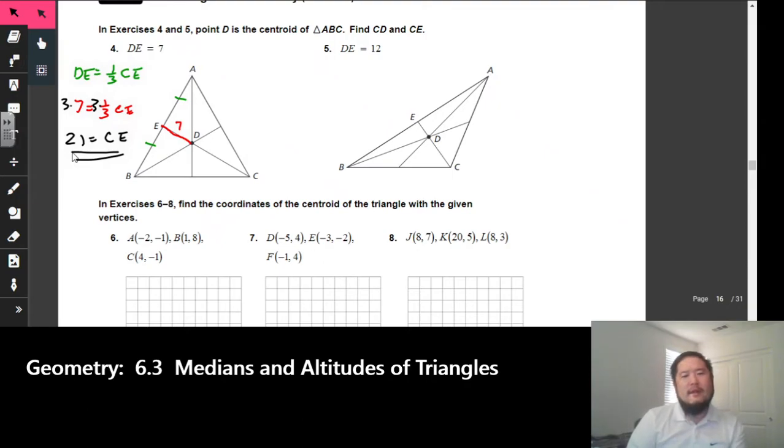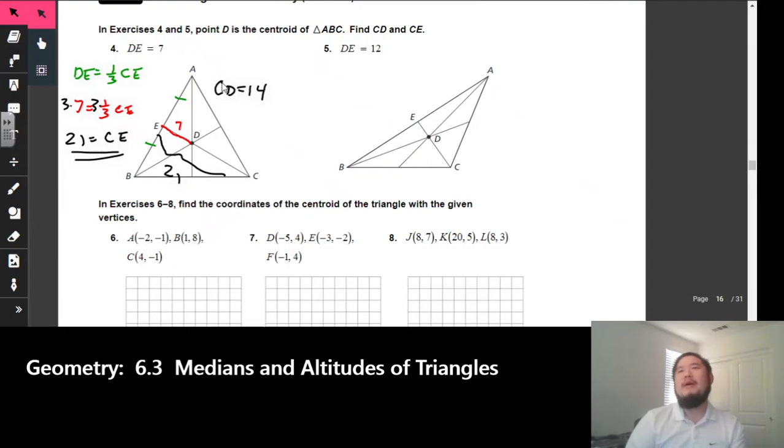So the last thing right here is, let's find C to D. Now I found C to E, which is the whole thing. If the whole thing right here happens to be 21, then C to D, I can go ahead and just say it happens to be 14. All right, C to D is equal to 14.